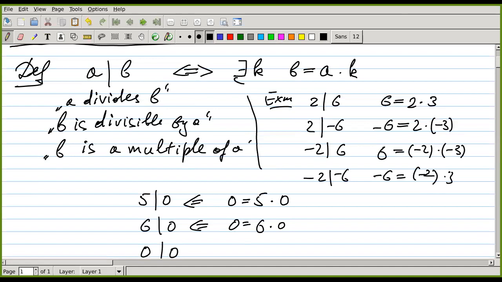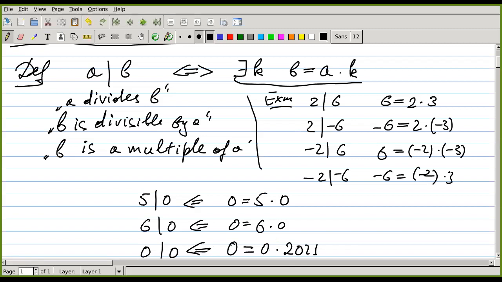Just because of our definition. That would mean that 0 equals 0 multiplied by something. But can you provide a number which equals 0 when multiplied by 0? Yes, of course we can. Any such number. There are plenty of numbers.